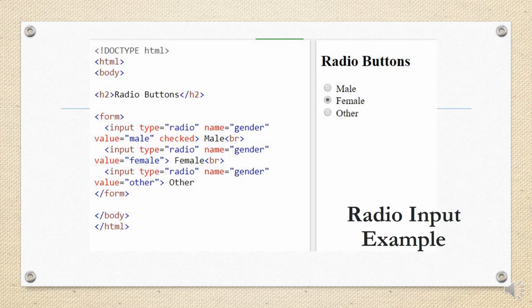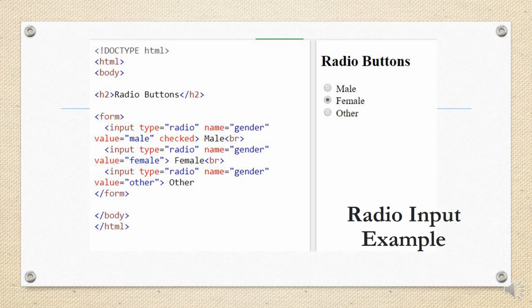We have the input type, and the type is radio, and we have the same name in that input because it's the same thing. So the value is the one we want to change.